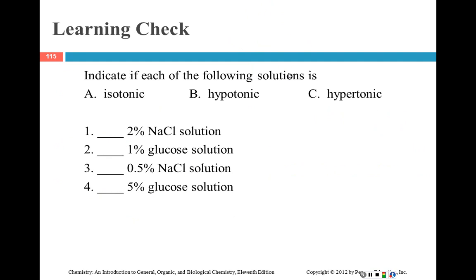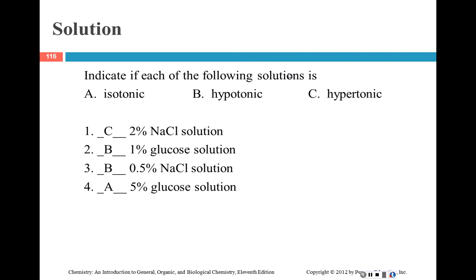So indicate which of these solutions is isotonic, hypotonic, or hypertonic. And it's talking about in the body. We said that sodium chloride in the body is about 0.9%.